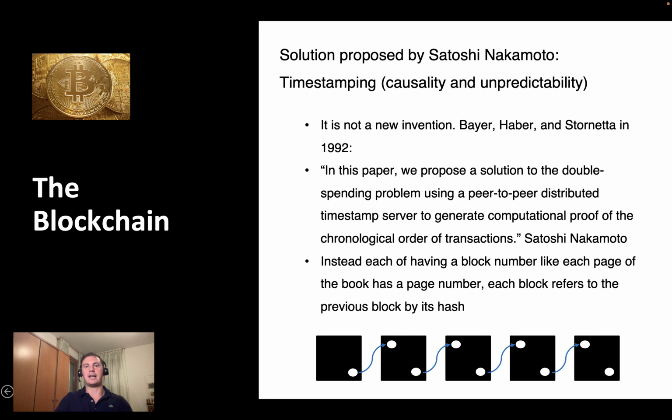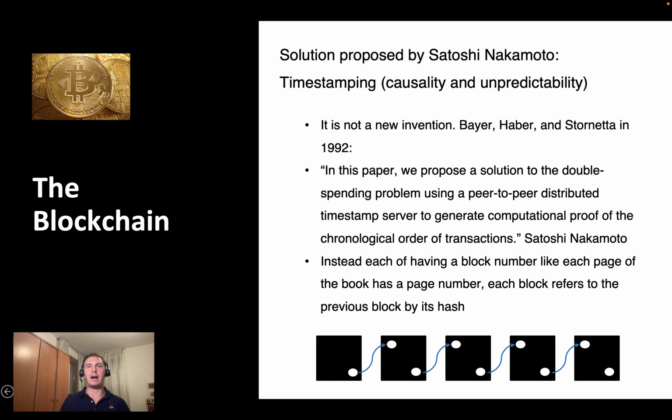Now, let's discuss the solution proposed by Satoshi Nakamoto. It's called timestamping. In fact, for the block ordering he proposed this, but it is not a new invention. Also, timestamping, like proof of work, public key cryptography, and digital signatures, is not an invention of Satoshi Nakamoto, but he was so wise to use it for the blockchain.